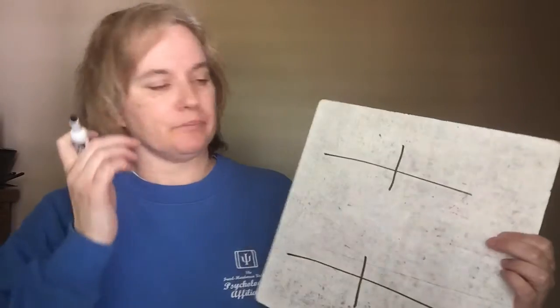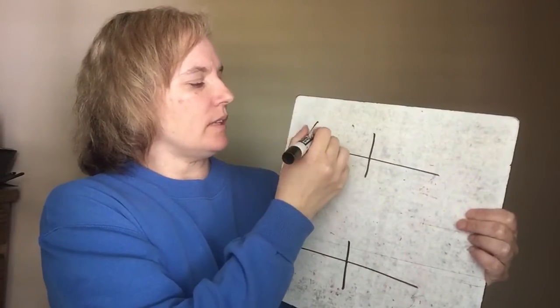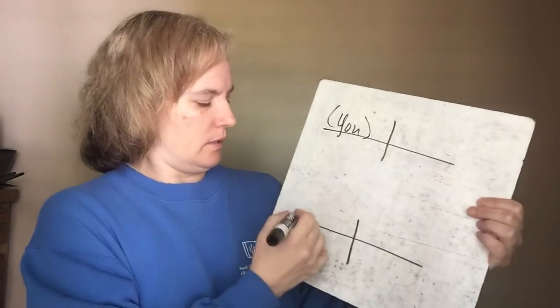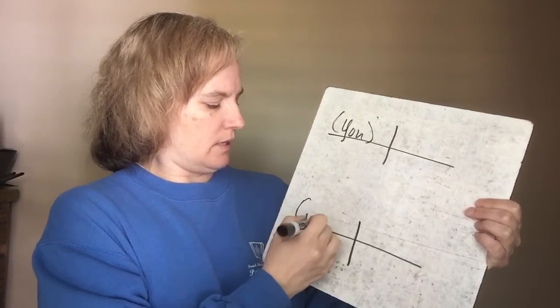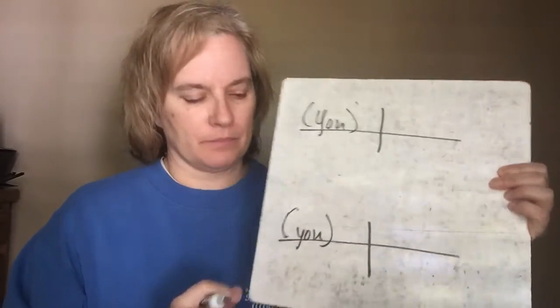You, the understood you, is going to be the subject in both of those sentences. If you've got your board and marker or pencil and piece of paper, if you don't, get them now because I want you working along with me. So we know that the understood you is the subject in both of those.